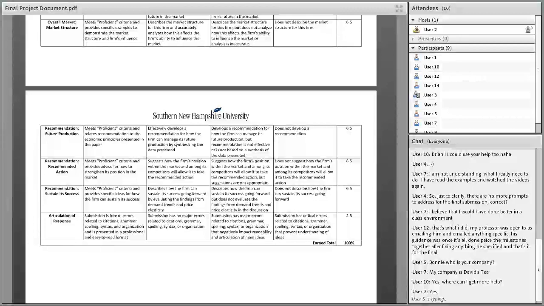Kayla, you can get more help. Usually for struggling students, there's a tutoring service that Southern New Hampshire offers, and you can access your counselor. Your advisor would direct you to it and put you in contact with them, and they can go over the materials with you. Bonnie, you too.